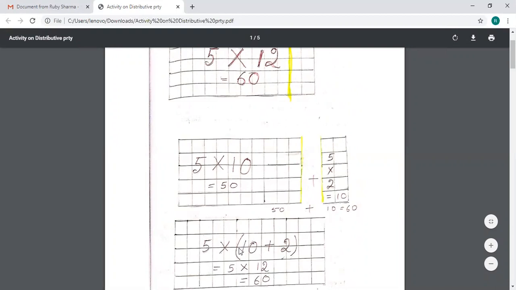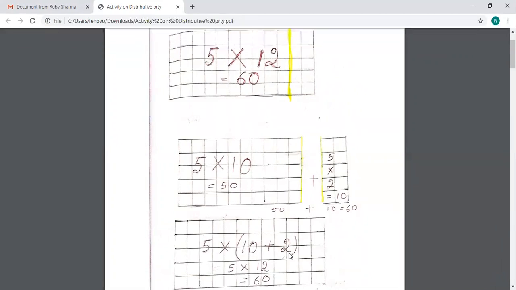So 5 into 12, I can write as 5 into 10 plus 2. This is for my convenience because property always helps you and makes calculation easier. So if I write 5 into 10 plus 2, I get 5 into 12.